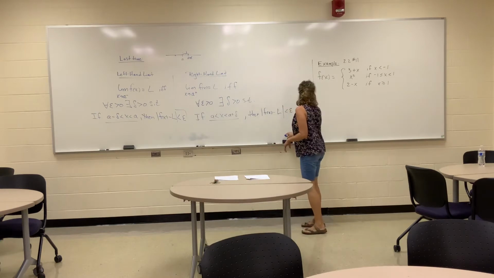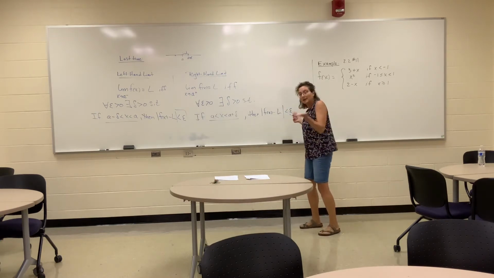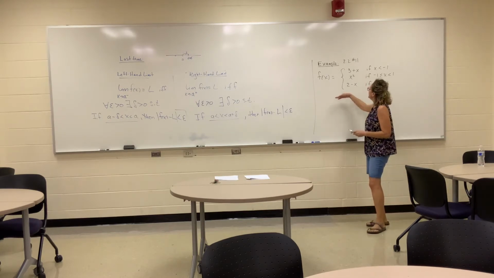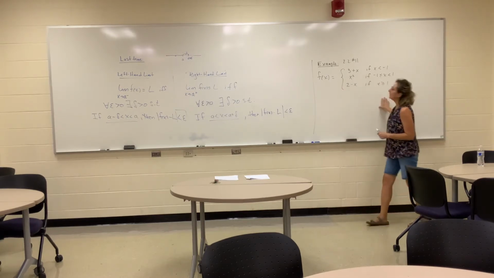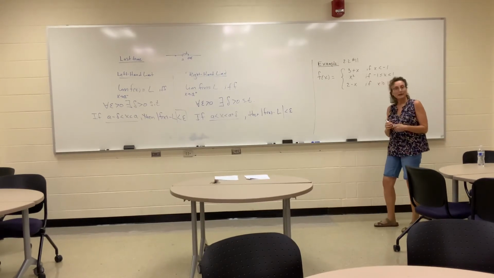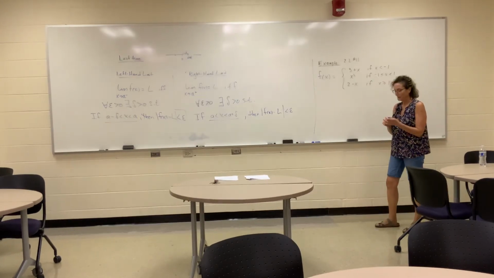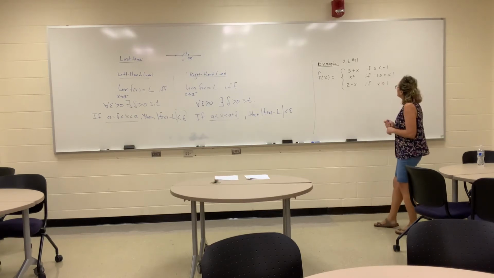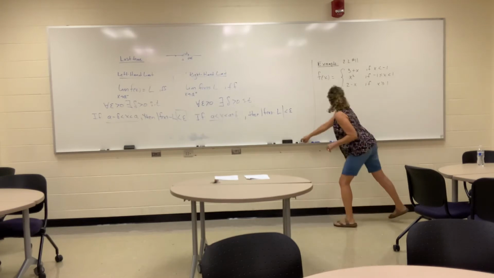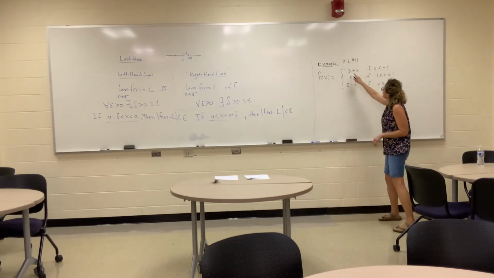Now we're going to look at another example that's not graphical, but instead involves a piecewise function that is also in your homework and in section 2.2. It's similar to a homework problem, 2.2 number 11. What do we have going on here? This is a piecewise function.